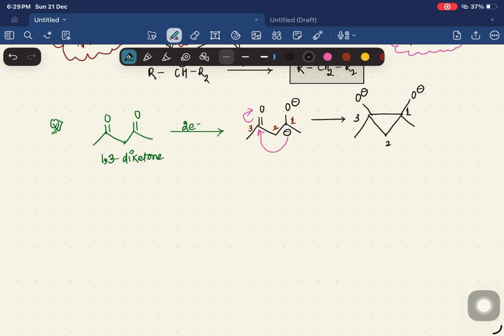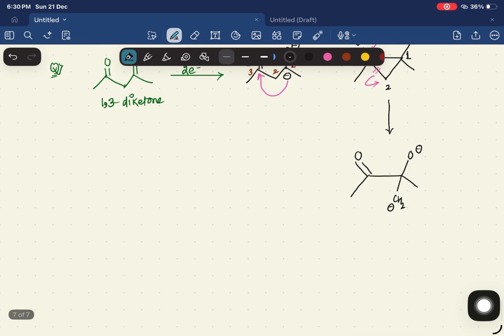So what will happen here actually? This bond will be coming like this, and this bond will be breaking like this. So now what we'll get over here, double bond O, here it is a methyl group, and here it is a bond, and here it is O minus, and here a CH2 minus group is there, right?